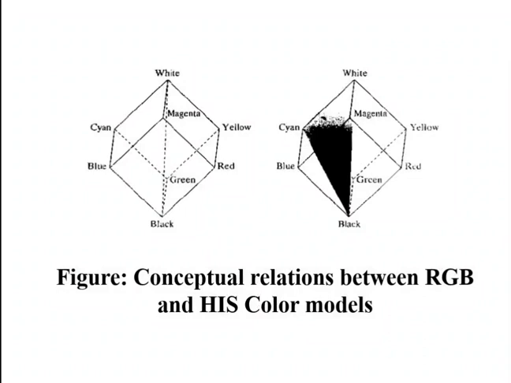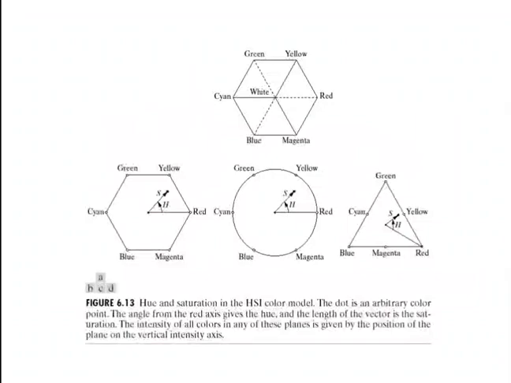As the planes move up and down the intensity axis, the boundaries defined by the intersection of each plane with the faces of the cube have either triangular or hexagonal shape. This can be visualized much more readily by looking at the cube down its grayscale axis as shown in the figure.